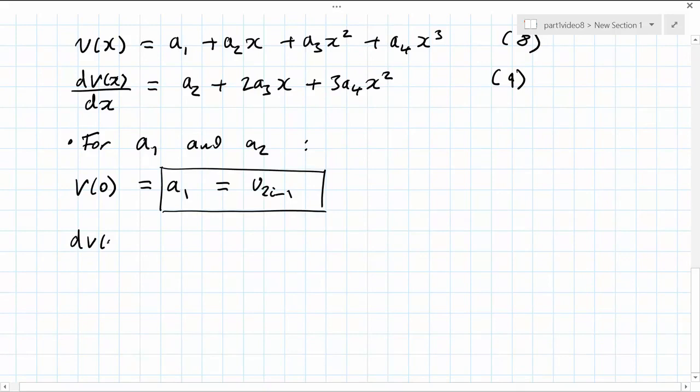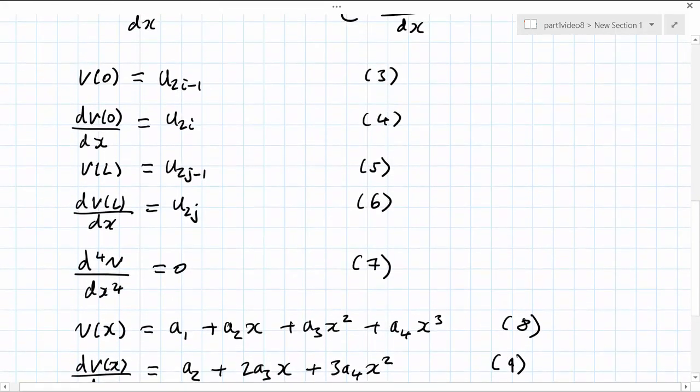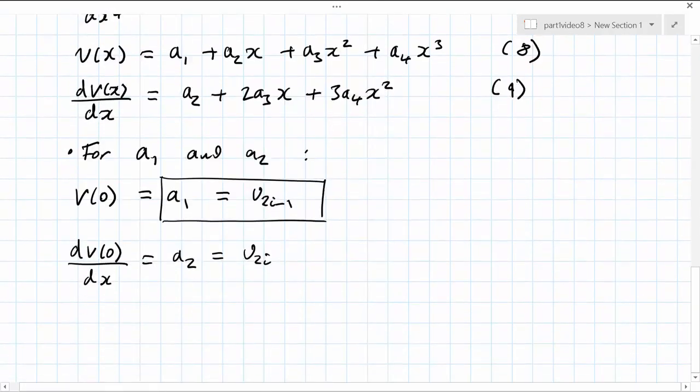Similarly, the rotation at x equal to 0 is given by a2, and this is equal to u_2i, as we can see here. So we can say that a2 is equal to u_2i.